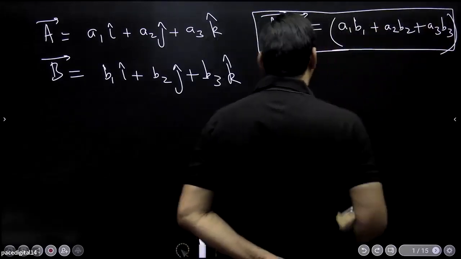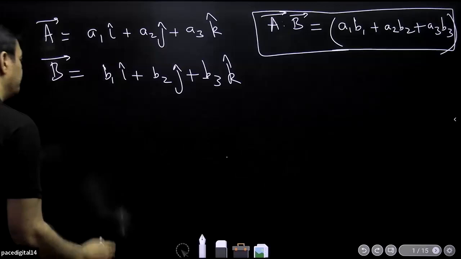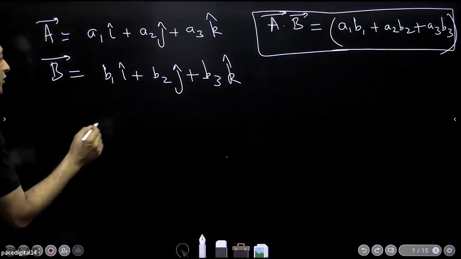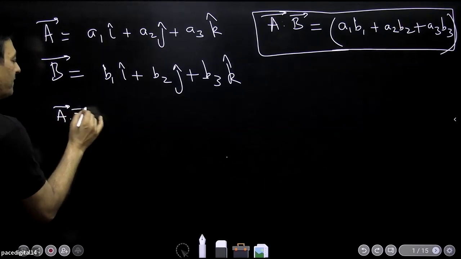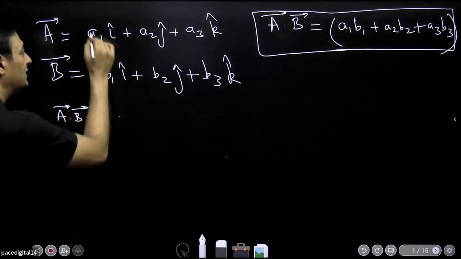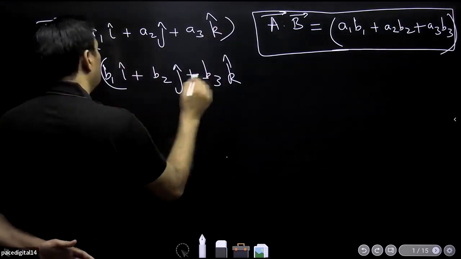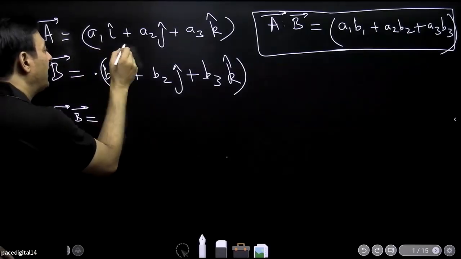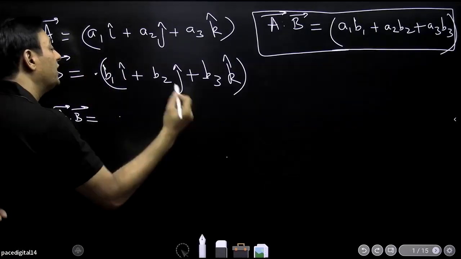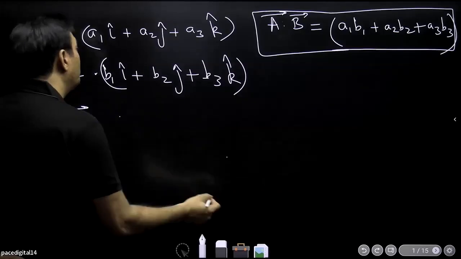Please see this. I will do it quickly for you. A dot B will be equal to this dot this. Now open the bracket. The dot product is distributive.